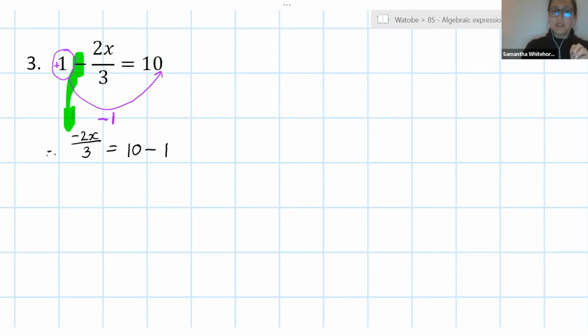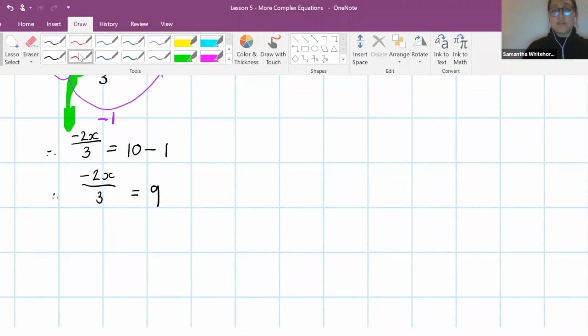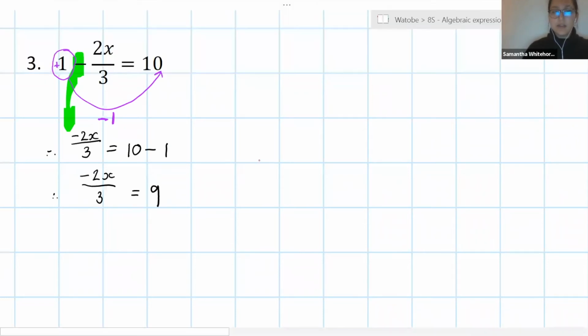Okay, so that's the first thing. Next thing is we've got that 10 minus 1, and if you're happy to go straight to 9, then that's absolutely fine. But we've got negative 2x divided by 3 is equal to 9. Okay, now this is sort of more familiar to us. The first thing I want to deal with is the fraction, that division by 3, and so I need to use my inverse operation.